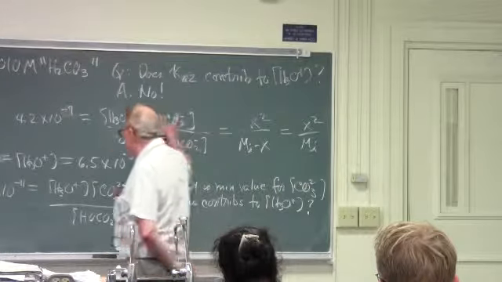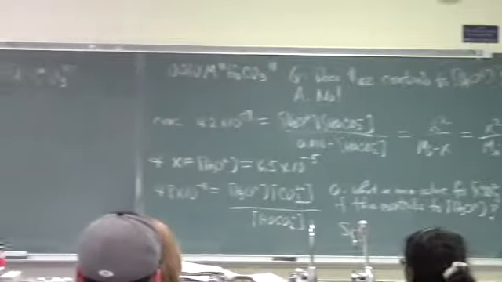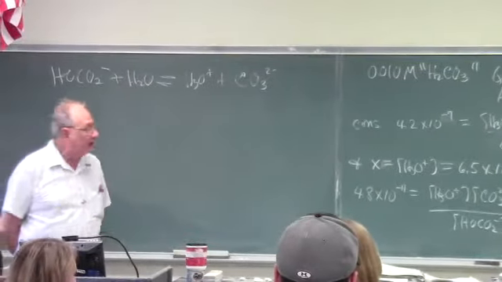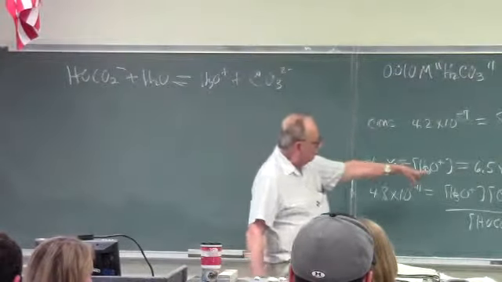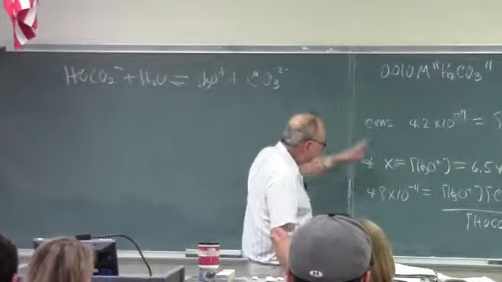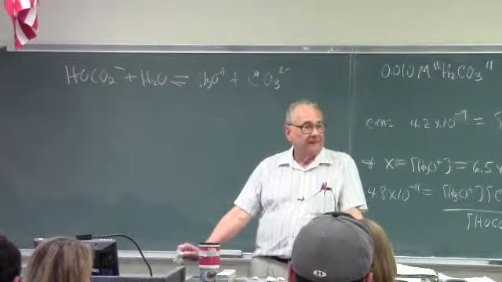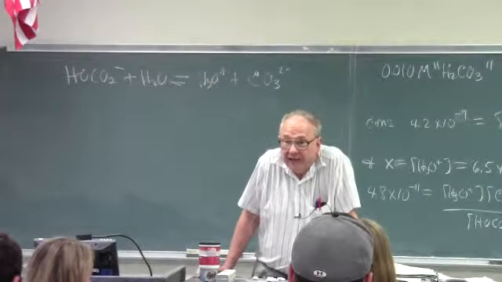So if from the first ionization we got a hydronium ion molarity of 6.5 times 10 to the minus 6, what's the minimum value for carbonate in order for this to increase? In order for this reaction to contribute to this molarity? What's carbonate got to be?